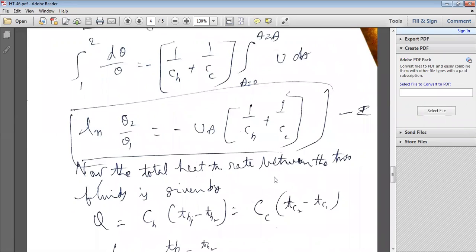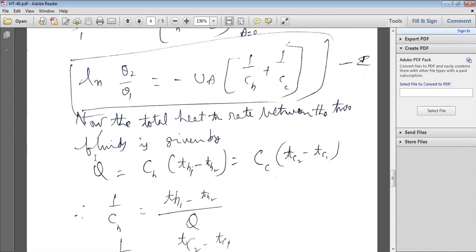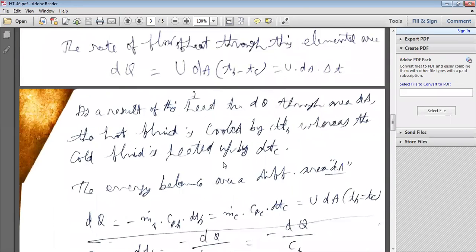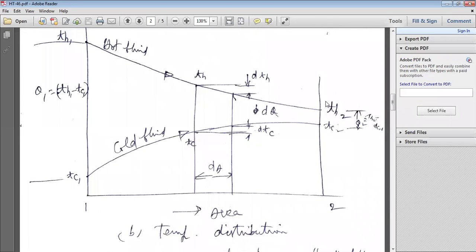Now the total heat transfer rate between the two fluids is given by, for example, if you take the hot fluid and cold fluid, total heat transfer Q is equal to m into specific heat, that is heat capacity, capital CH into TH1 minus TH2. If you take only the hot fluid, the temperature difference is TH1 minus TH2.